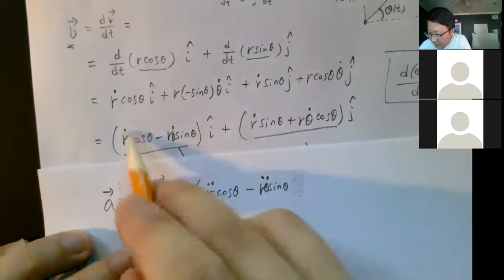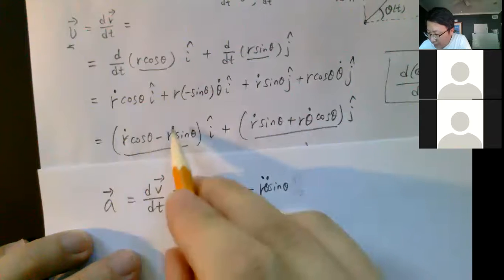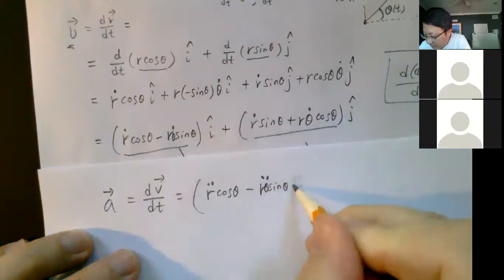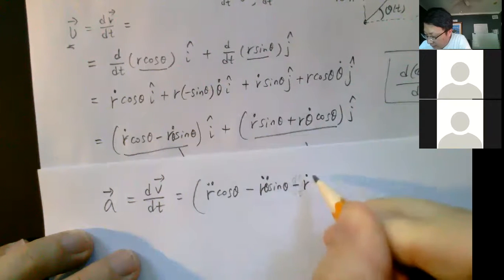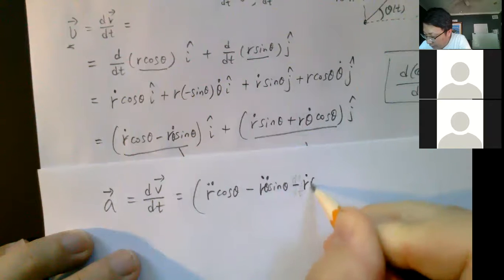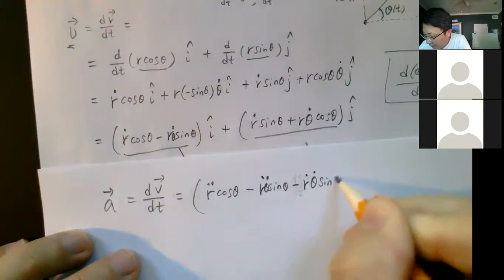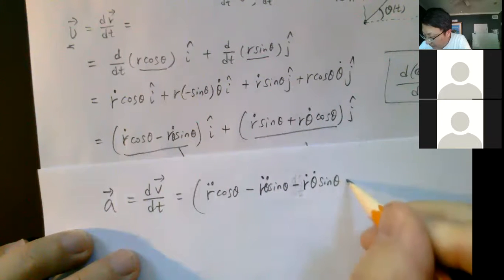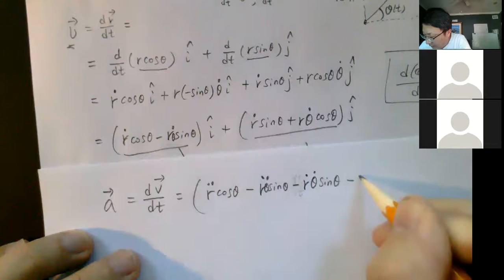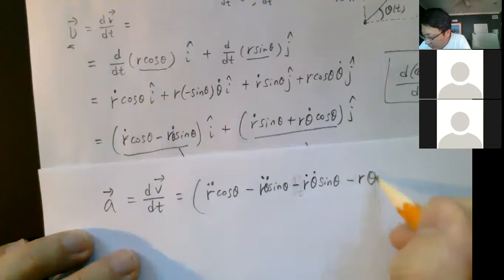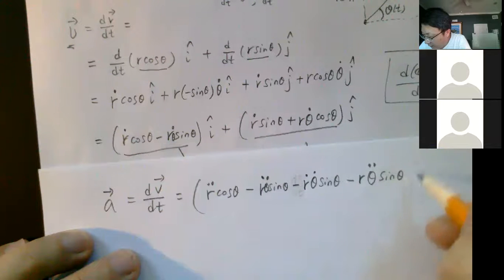So this is the first term here, derivative. The second term becomes minus r dot, the rest doesn't change. And then the second one, the first one doesn't change. Then minus one more time.